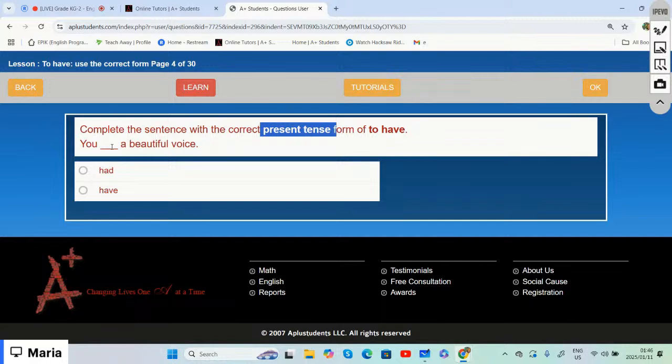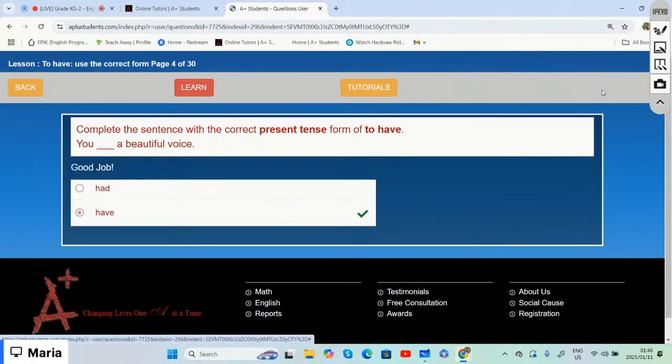And if we were to choose the correct option, then we can say you in the present tense, you have a beautiful voice because it's now, right?